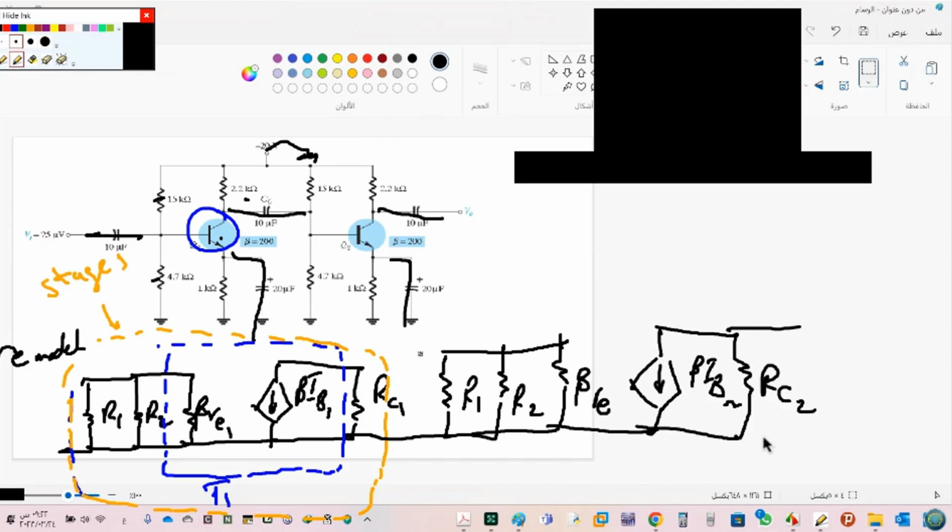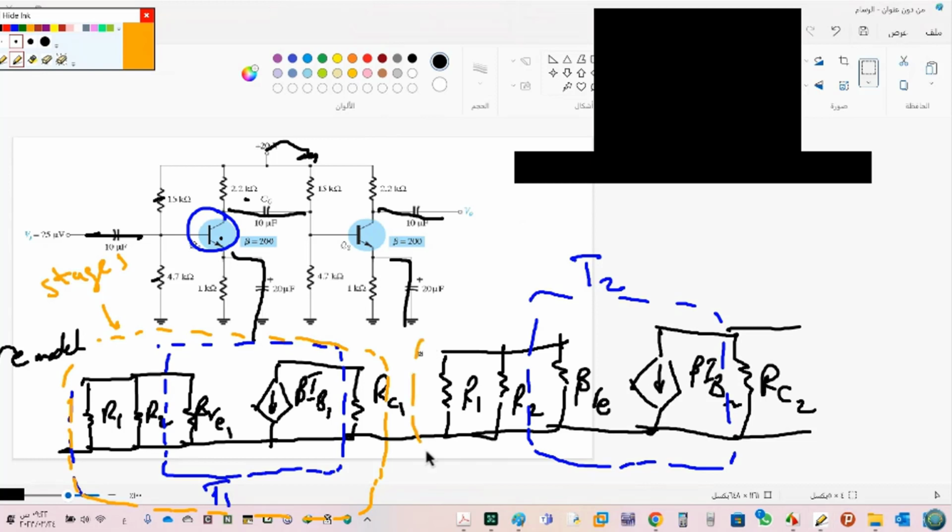Then continue. This is T2, transistor 2. And this is from here to here. Stage 2.